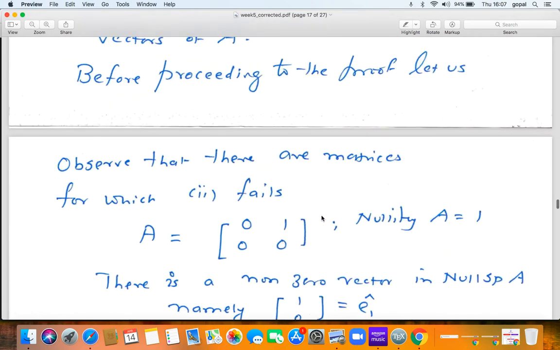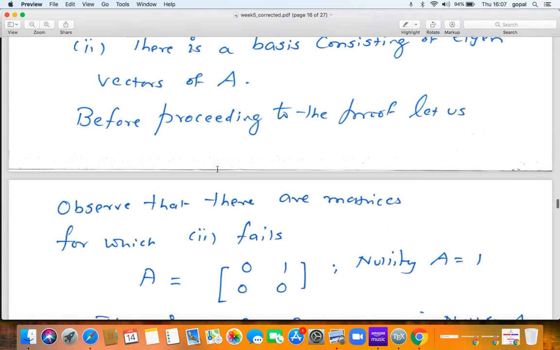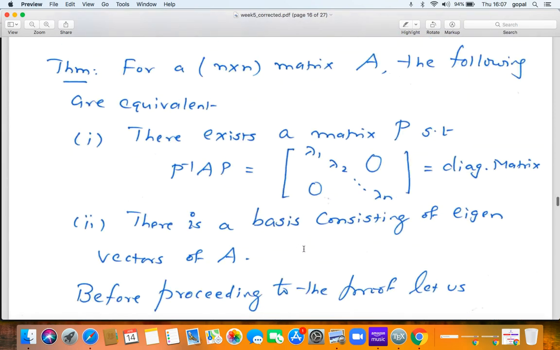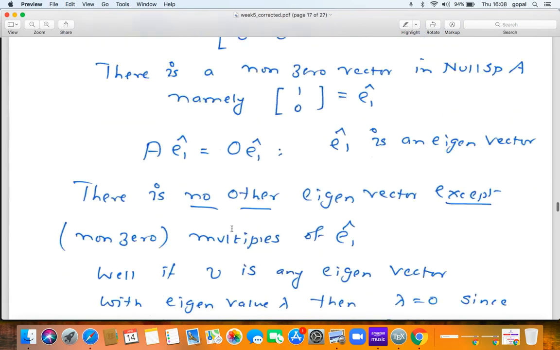So this does not satisfy this condition that there is a basis consisting of eigenvectors of A. In other words, this matrix is not a diagonalizable matrix. A matrix which satisfies these two equivalent conditions is called a diagonalizable matrix. So this matrix is not a diagonalizable matrix.